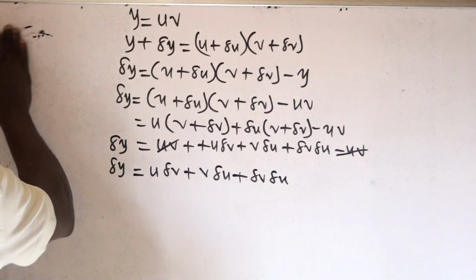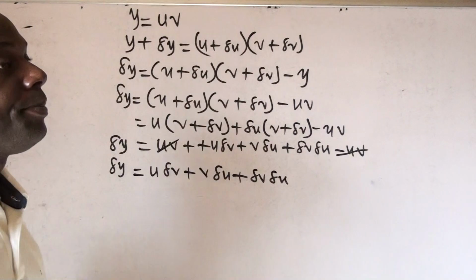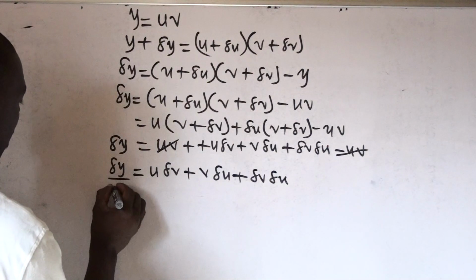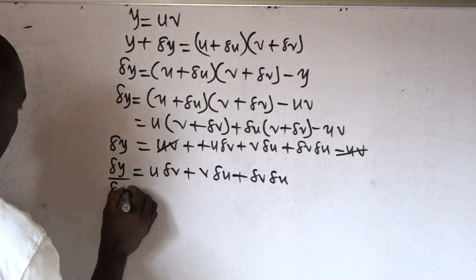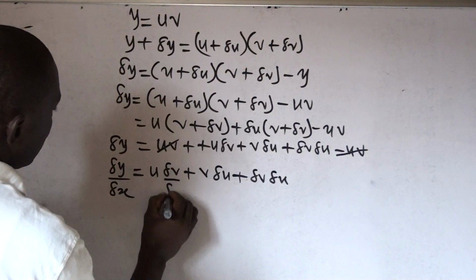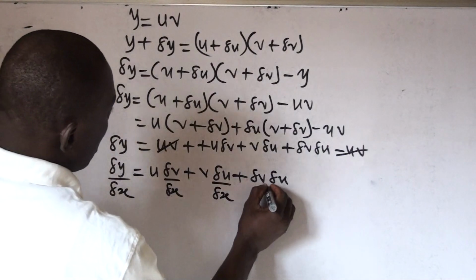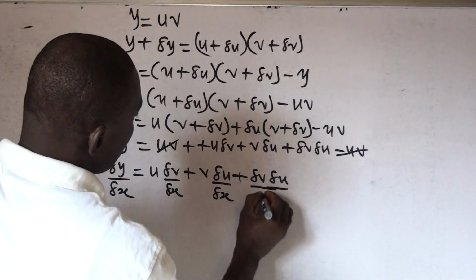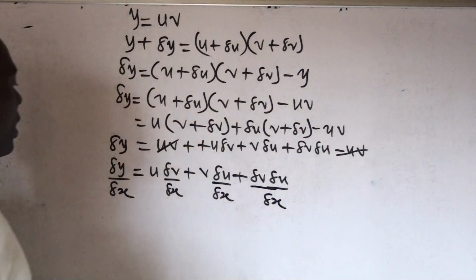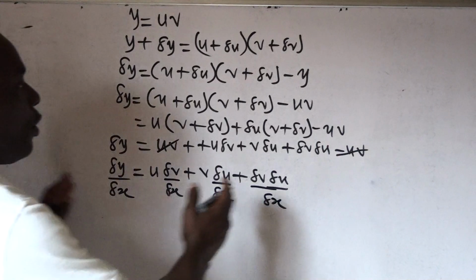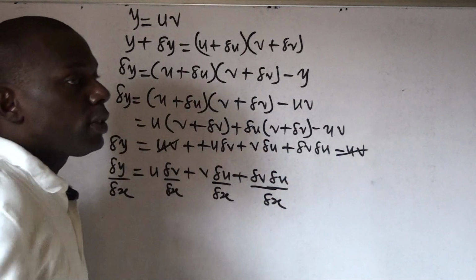So here we divide through by delta x. Divide this by delta x, divide everything here by delta x. Here we take the limit of both sides, we apply limits to both sides.